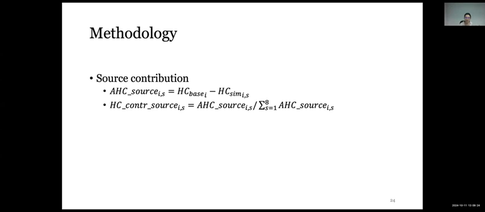We use the total health cost minus the health cost without a given source, which gives us the avoided health cost after removing that source. Therefore, the health cost contribution from a given source can be calculated as the avoided health cost from that source divided by the sum of the avoided costs from all individual sources. That gives us the source contribution to the total health cost.